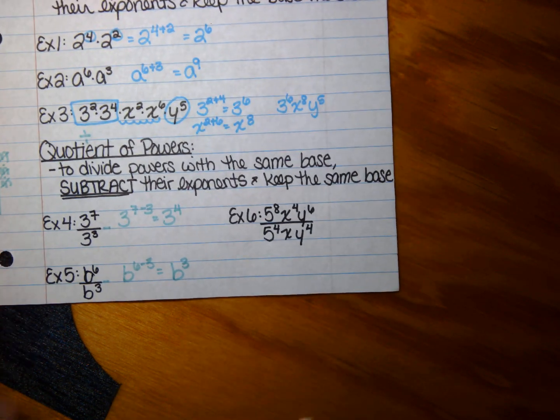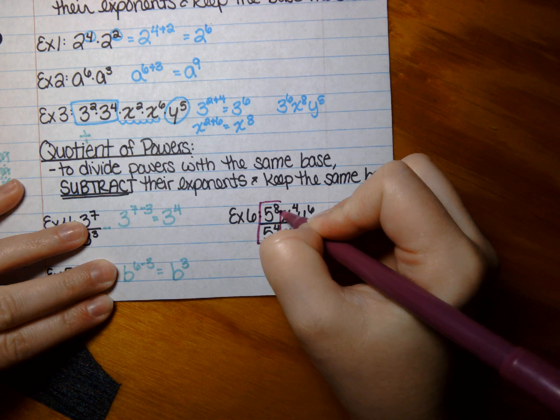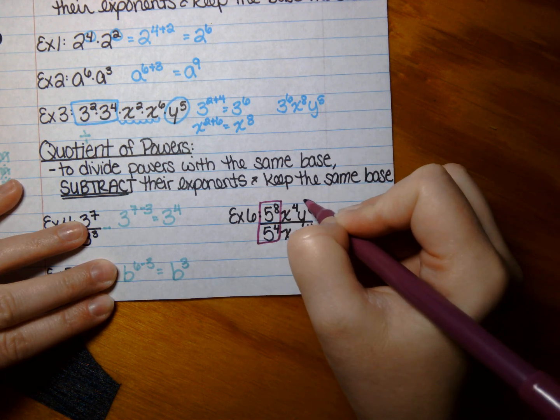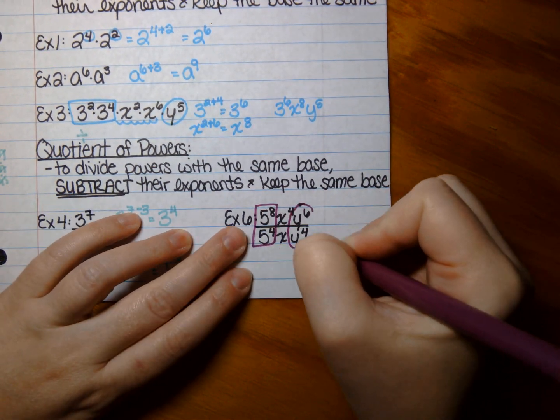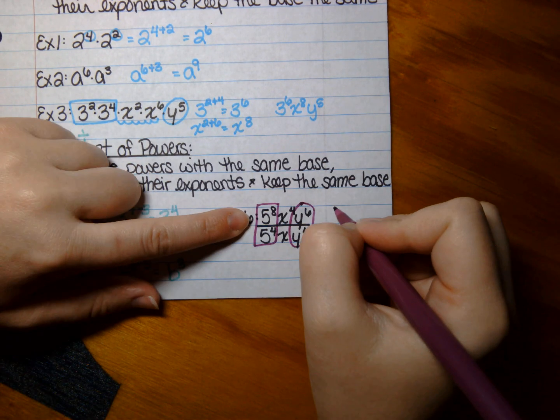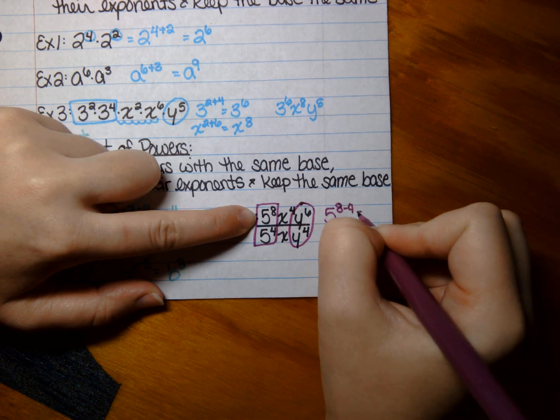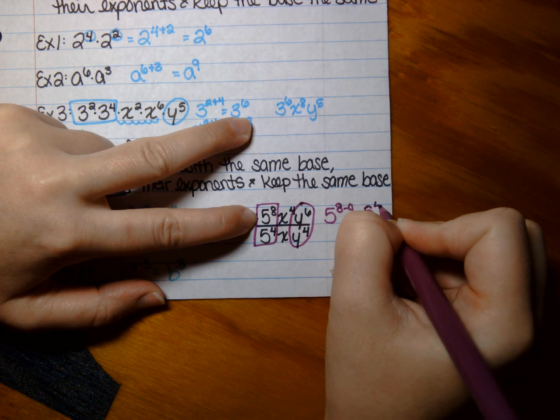If I look over here at example 6, as you can see, there are 3 parts to it. You have the base of 5, you have your x's, and you have your y's. So do it step by step. If I start with my 5's, 8 minus 4 is going to give me 5 to the 4th.